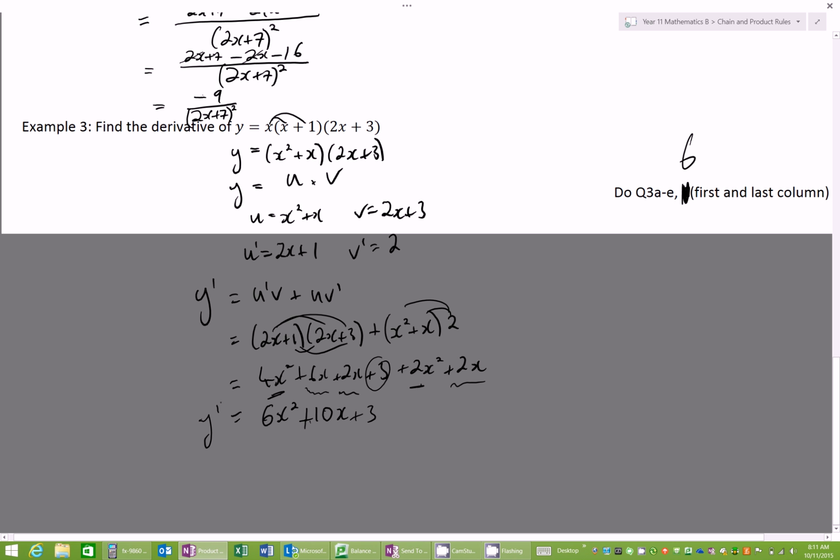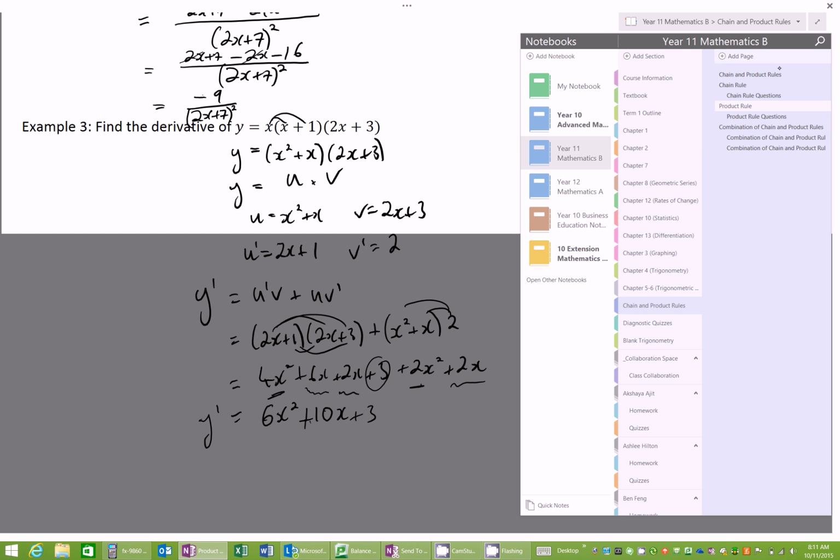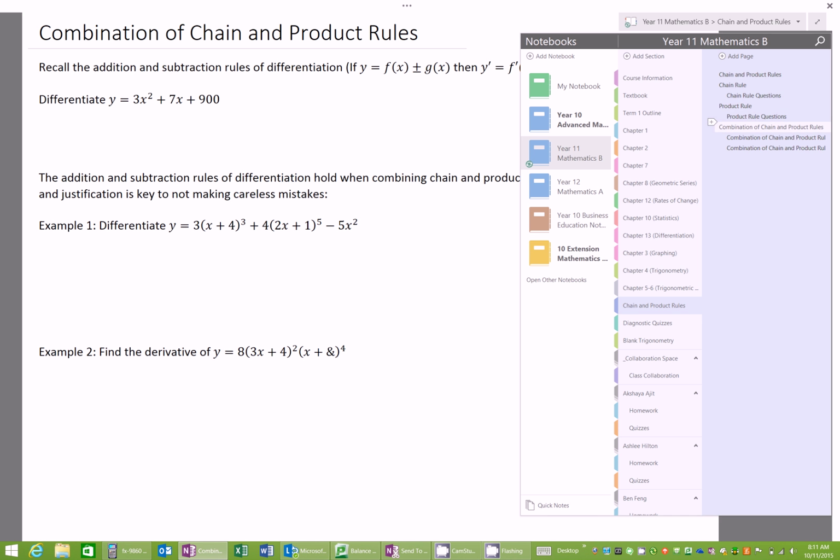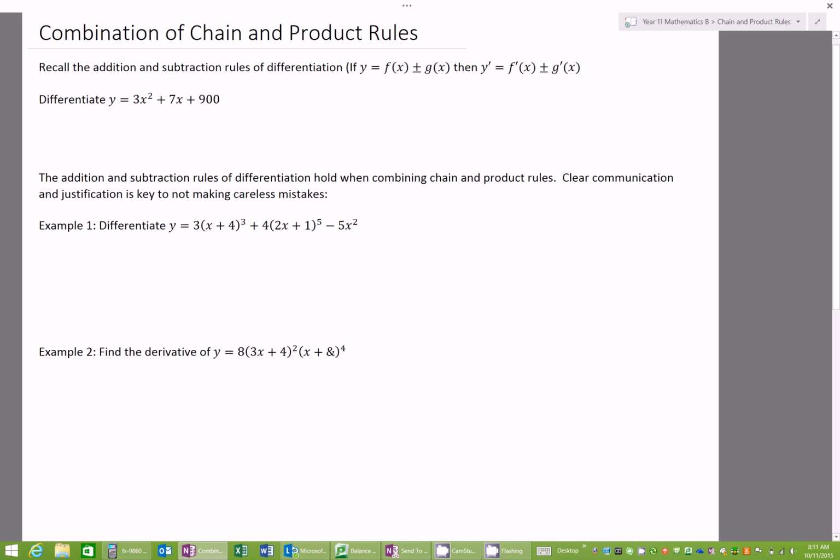So you can be a little bit creative with these. In the examples we'll see today, you need to combine a few of the laws together, but we'll still just stick to the same strategies. Remembering that when we differentiate things that are added together, we just add. Like this says, if y is some function plus another function, we'll just add the derivatives together.